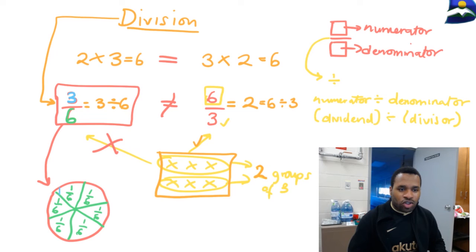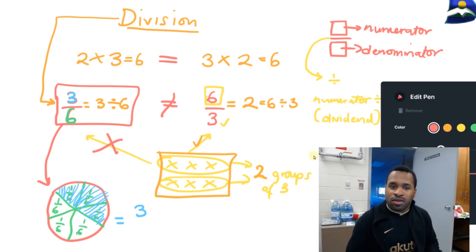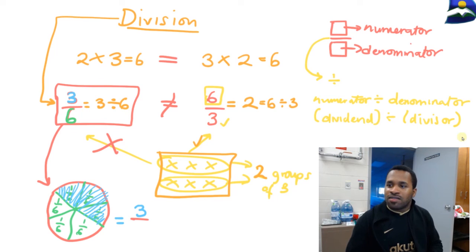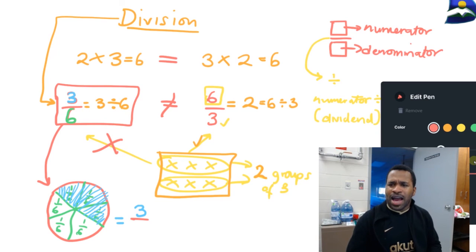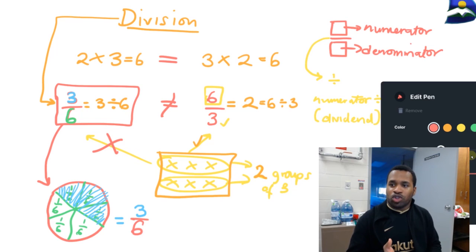So we are going to shade 1, 2 over 6, and 3 over 6. And so therefore, this here is equal to 3 over 6. And this is how it is highly different, definitely, from the other particular expression that we showed you.